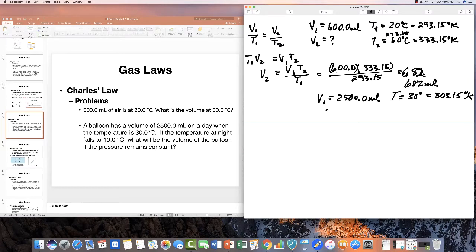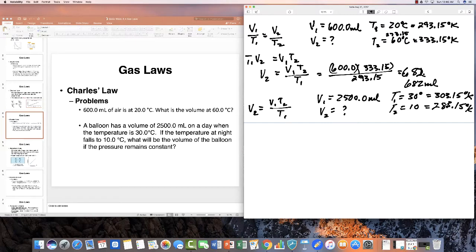If the temperature at night falls to 10 degrees, so T2 is now 10 degrees, or 283.15 degrees Kelvin, then what's V2 if the pressure remains constant? It looks very much the same as before, so V2 is equal to V1 T2 over T1.